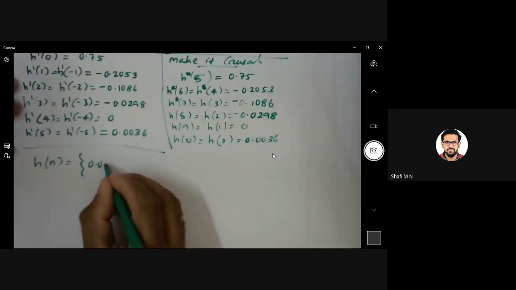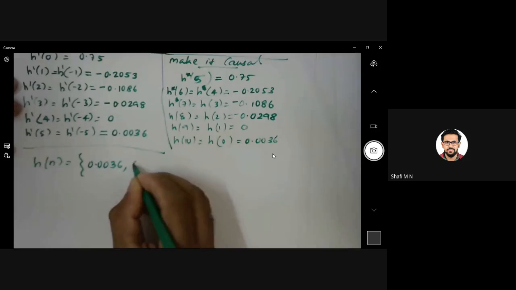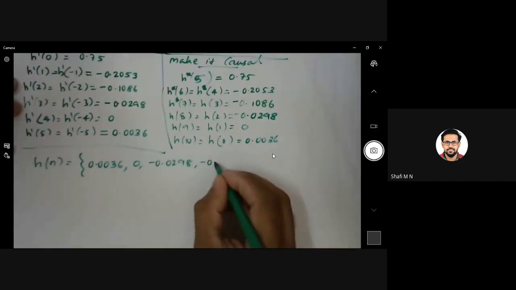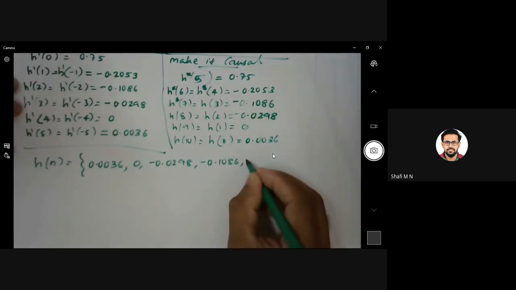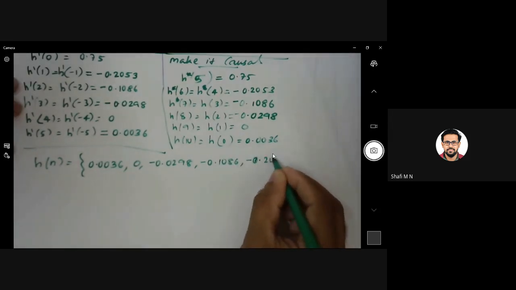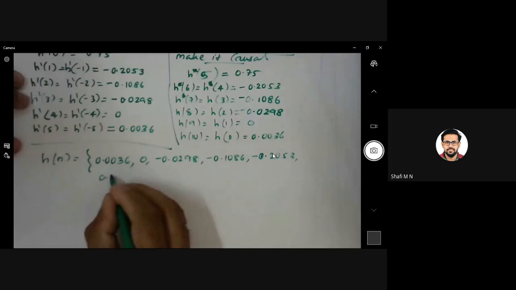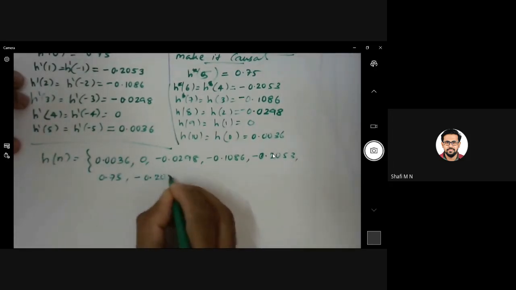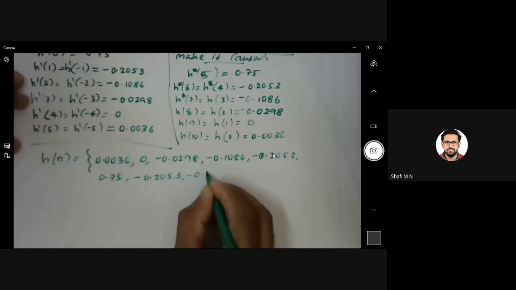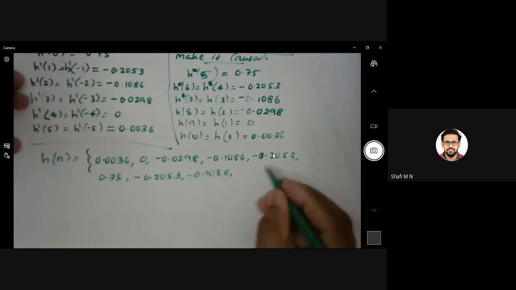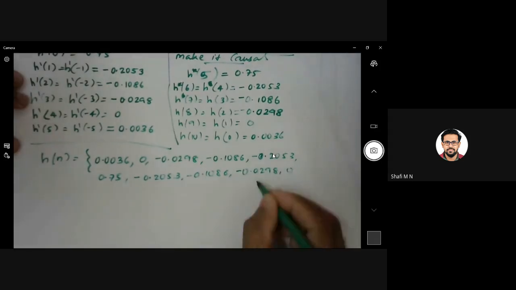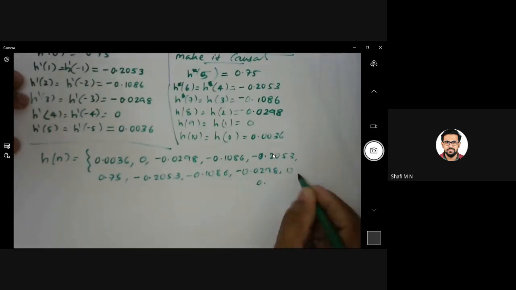First value 0.0036, next is 0, next is minus 0.0298, minus 0.1086, minus 0.2053, 0.75, comma, minus 0.2053, minus 0.1086, then minus 0.0298, 0, and the last number is 0.0036. So this is the impulse response.